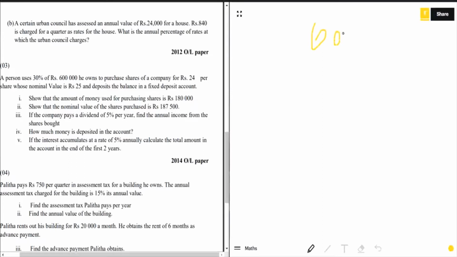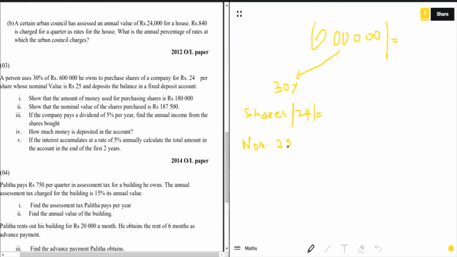He has 600,000. He then uses 30% of this money for shares at 24 rupees each, which have a nominal value of 25.